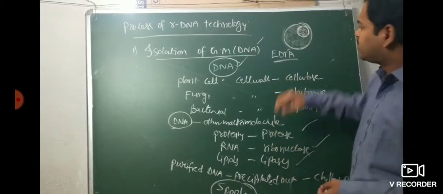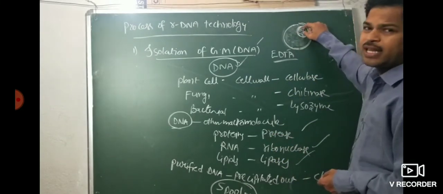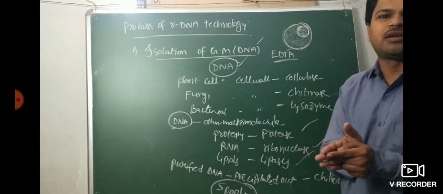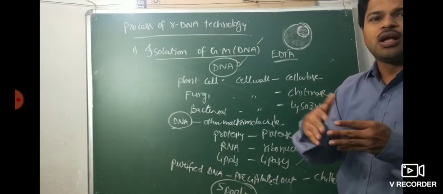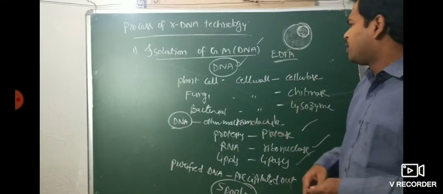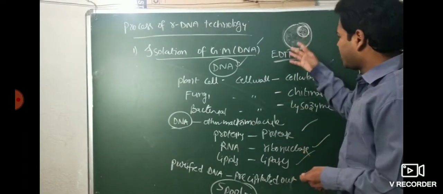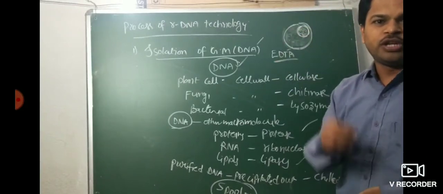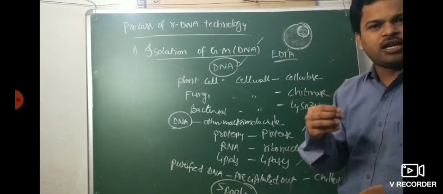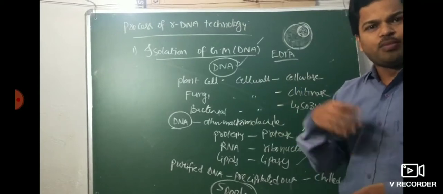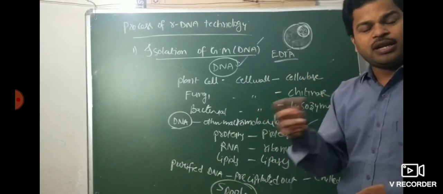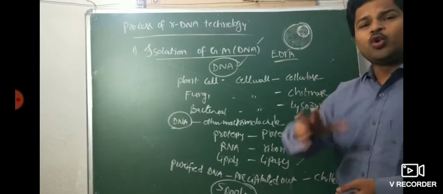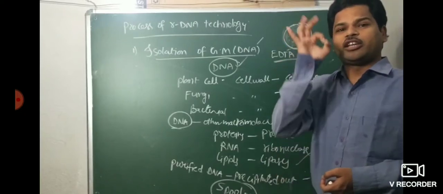Not only that, this genetic material DNA is interlinked. It is present along with RNA, protein, lipids, and other macromolecules. But we need only DNA. So how to get purified DNA?